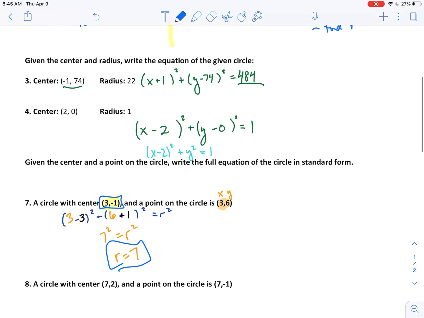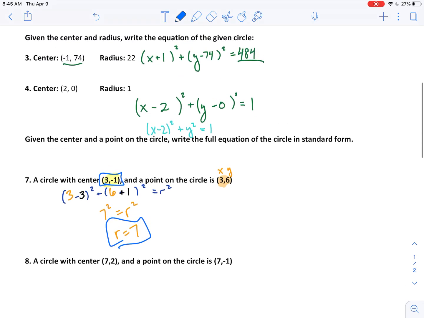And then when we're done with that, once we found the radius, we need to write the equation of the circle. So we're still going to focus on our center and the radius, just like we did up here. We wrote the equation given the center and radius.